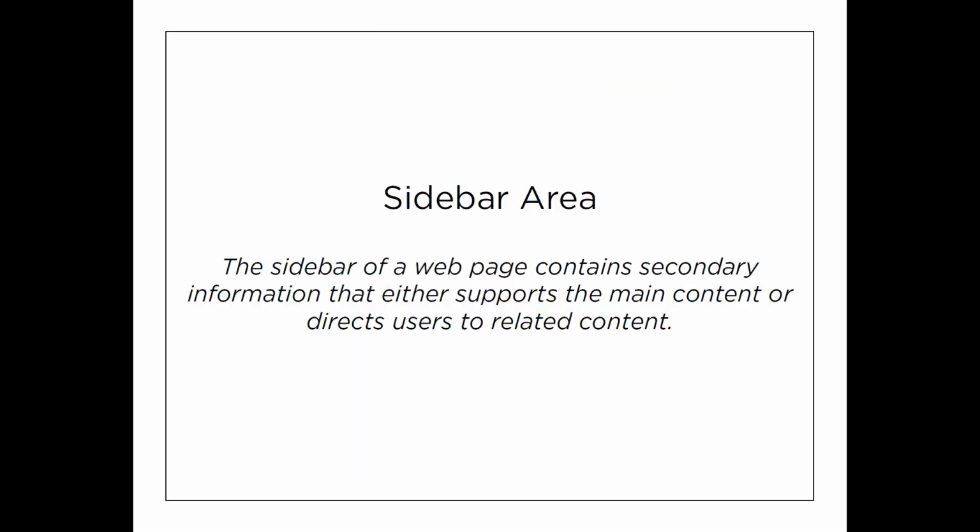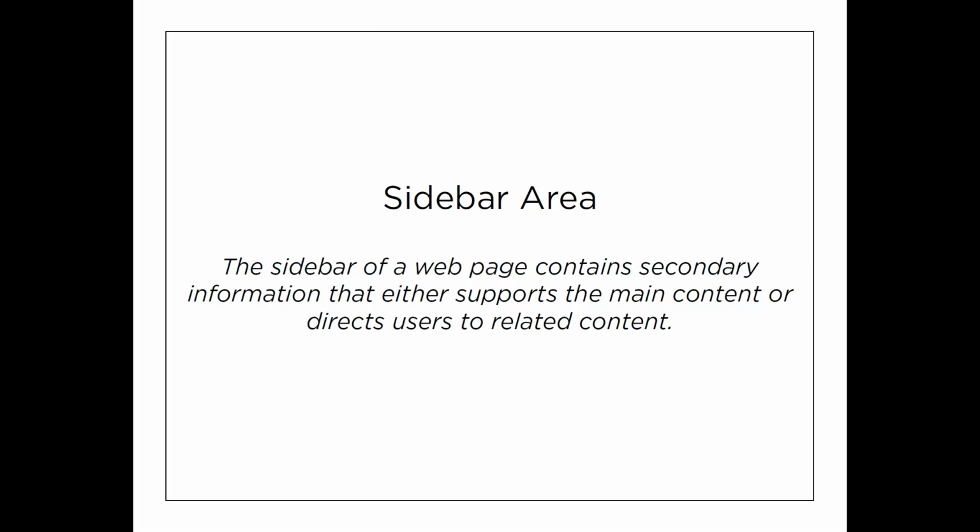All right, sidebar area. The sidebar of a website or web page contains secondary information that either supports the main content or directs users to related content. The sidebar area has gone away quite a bit because of the use of mobile devices. We can't put a sidebar on a mobile device. There's not enough space.